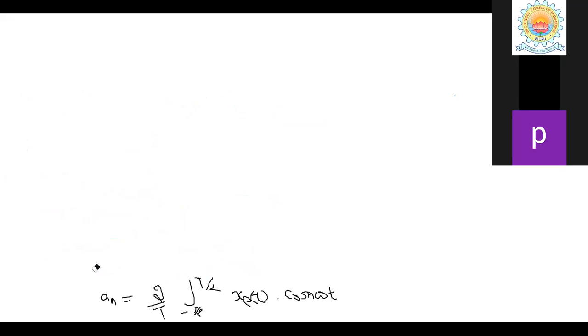This one, an is equal to 2 by T integral from minus T by 2 to T by 2 of x(t) into cos n omega naught t. So here we need to define one more important point.